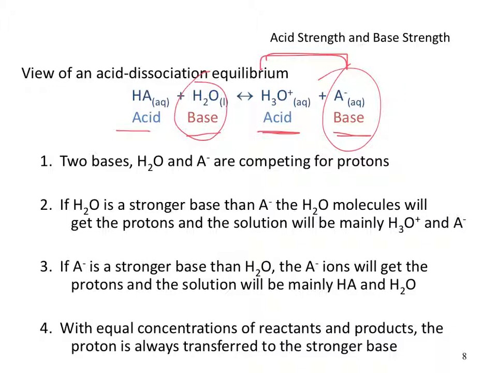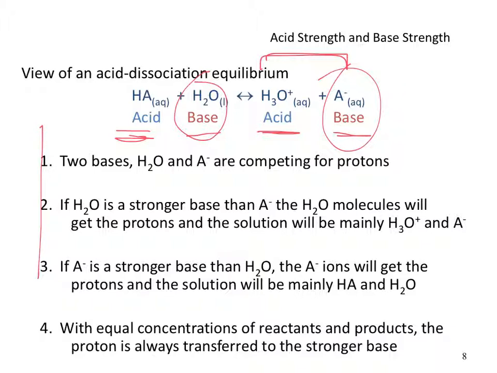On the other hand, if A negative is a better base, then it's going to react with hydronium ion, and your main products in that case would be the HA and water. So depending on what is a better base, the other side will be the predominant species at equilibrium, because the reaction would have taken place accordingly.